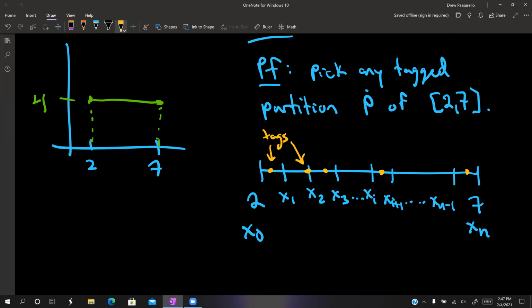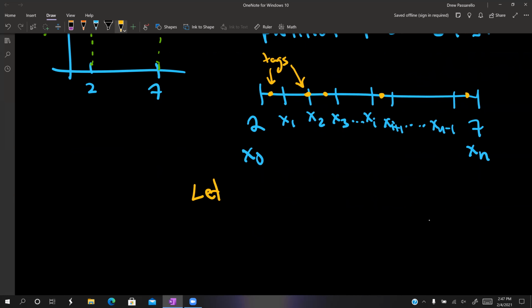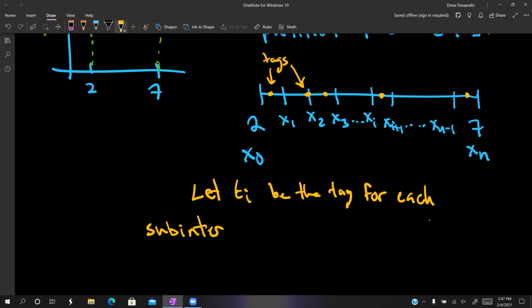All right, so let t i be the tag for each subinterval x subscript i minus 1 to x subscript i.